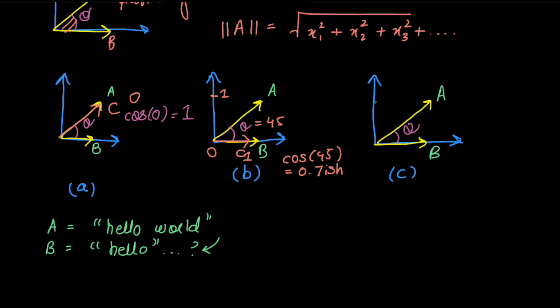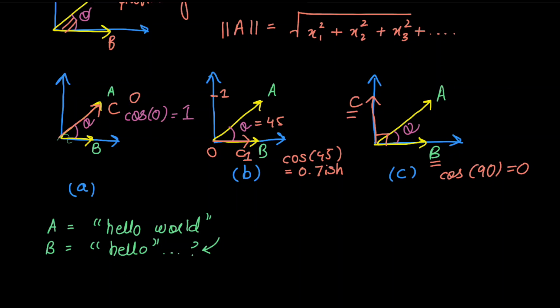And now let's consider that the vector is directly perpendicular, making a 90-degree angle with B. I want the cosine similarity between my vector C and B. So cos 90 would be 0. All right, so mathematically, what does it represent? Let's talk about A first.